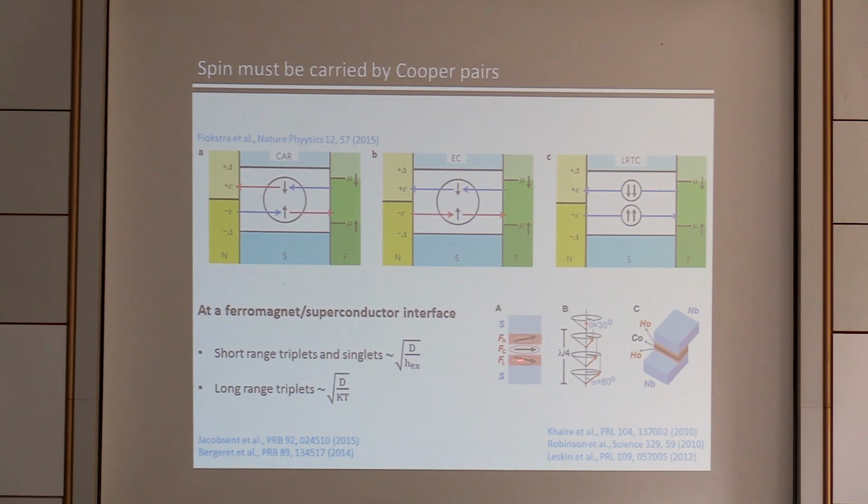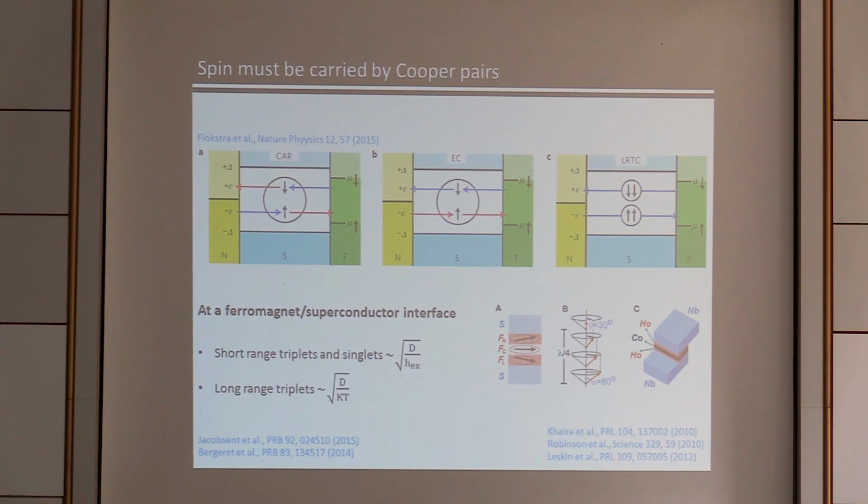Now, this can be created, for example, by engineering the presence of a Bloch domain wall here, or it has been done by putting a spacer of holmium, for example, which is naturally in a spin helical phase. And in these devices, it has actually been shown that Cooper pairs can propagate to much longer distances in the ferromagnet, and this has been explained by this rotation of the triplet component.